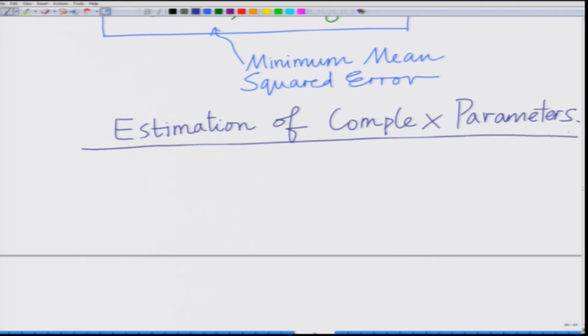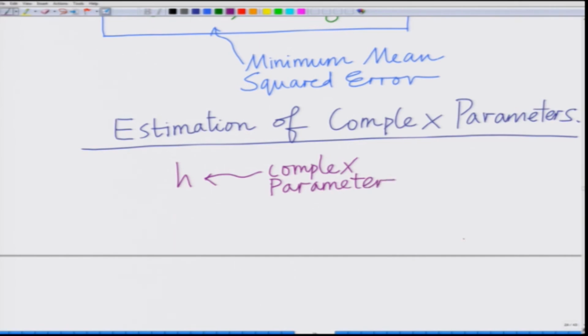So, what we want to do is consider the estimation of a complex parameter. Remember, we said this coefficient h we are trying to estimate is a parameter. Now, because it is complex in nature, it becomes a complex parameter.